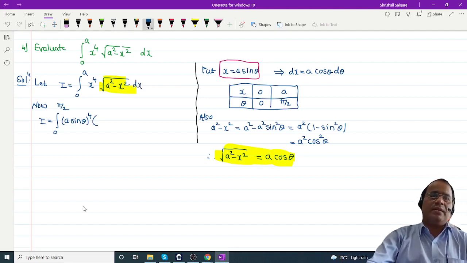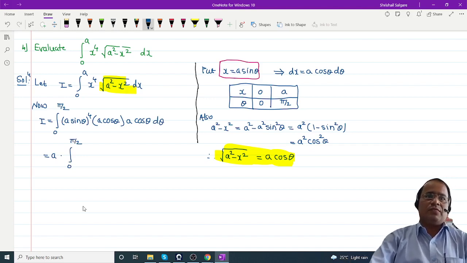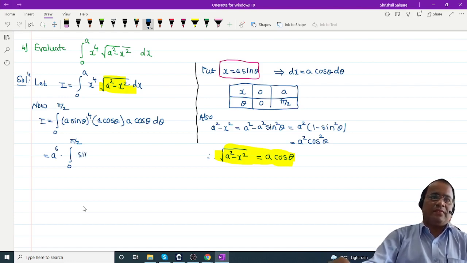So that is a into cos theta, and dx is again a into cos theta d theta. Now from this I will take a outside. What is the effective power? a raised to 6. Now the next one is sine theta raised to 4 into cos theta raised to 2.